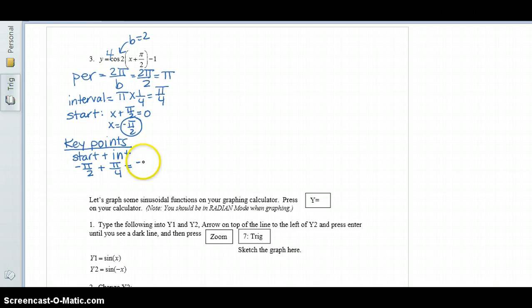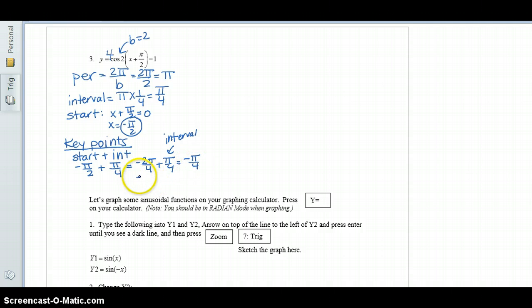So I'm going to take negative pi over 2, multiply top and bottom by 2. That's going to give me negative 2 pi over 4. And I add my interval, which is pi over 4. So that gives me negative pi over 4.